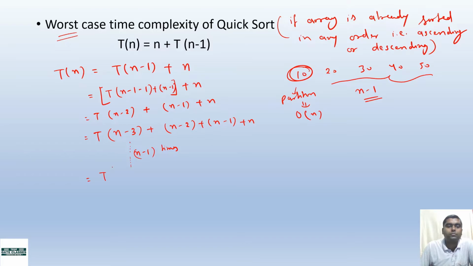See this, I'm doing this. Here it was 3, so it started from 2 and went up to n.